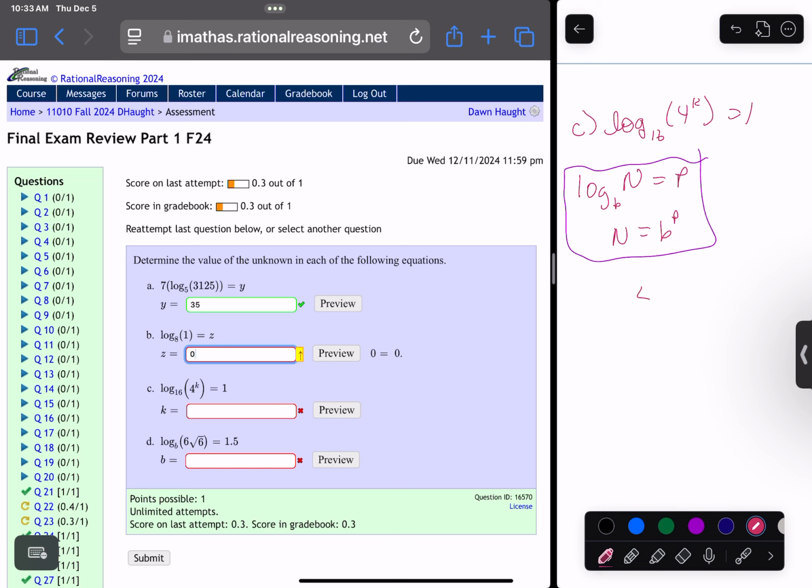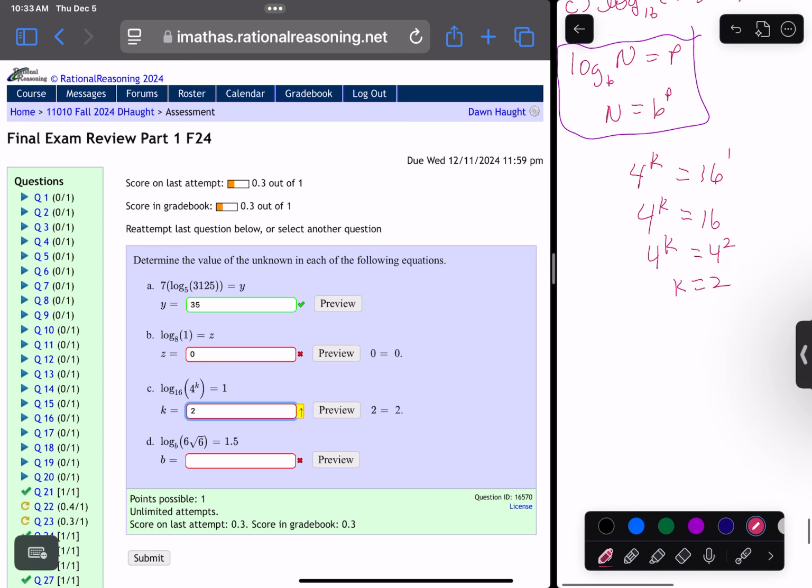I know that my number, 4 over k, is my power, a base 16 to a power of 1. Well, 16 to a power of 1 is 16. What power could I put on a 4 to get 16? Since 16 is 4 squared, our power has to be 2, so k has to equal 2.